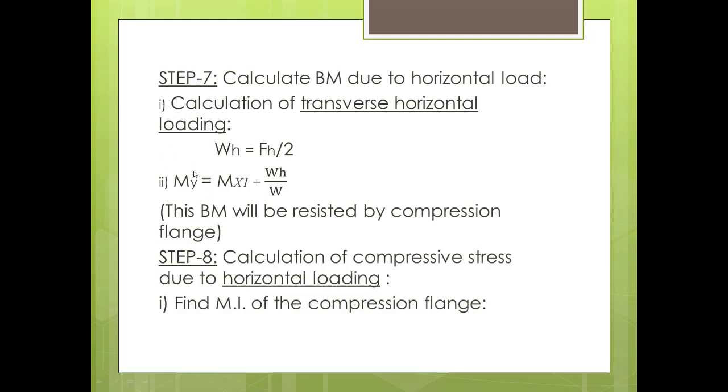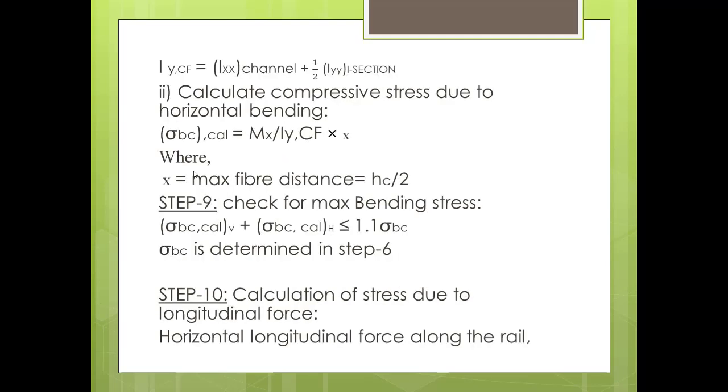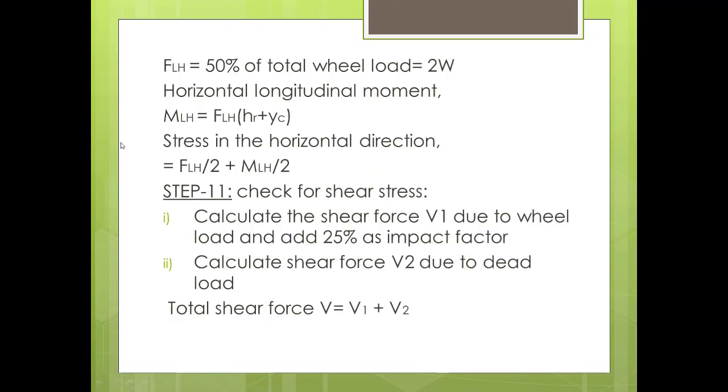Next, moving on to step 8, we have to calculate the compressive stress due to horizontal loading. Now we have to find two things. One is the moment of inertia of the compression flange, and the other is the compressive stress due to horizontal bending.